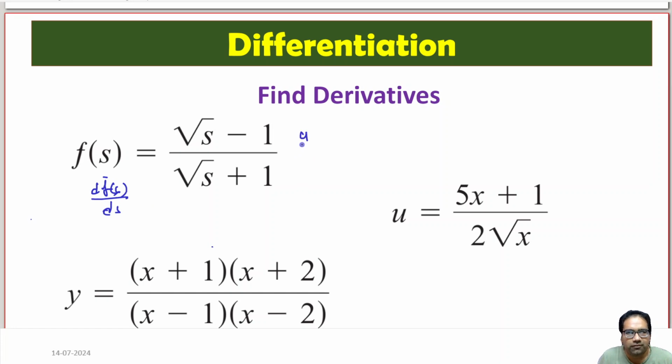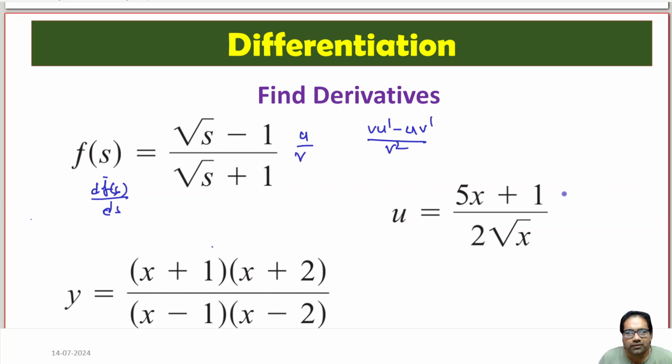This is in the form of u by v. Then the derivative is (v u' − u v')/v², where u' is the derivative of u and v' is the derivative of v. We have discussed this already.